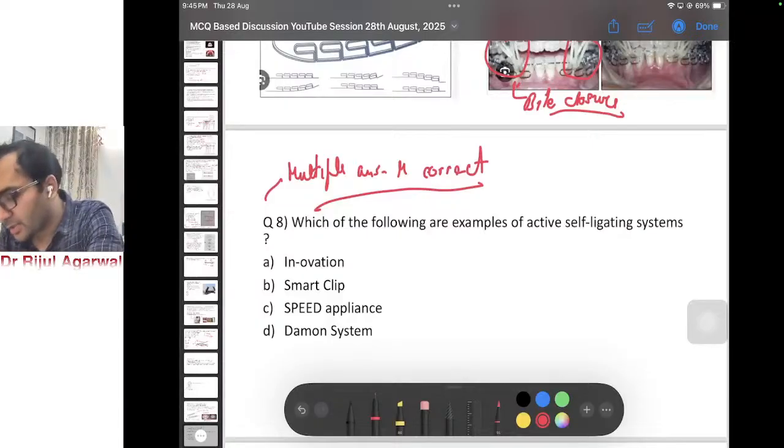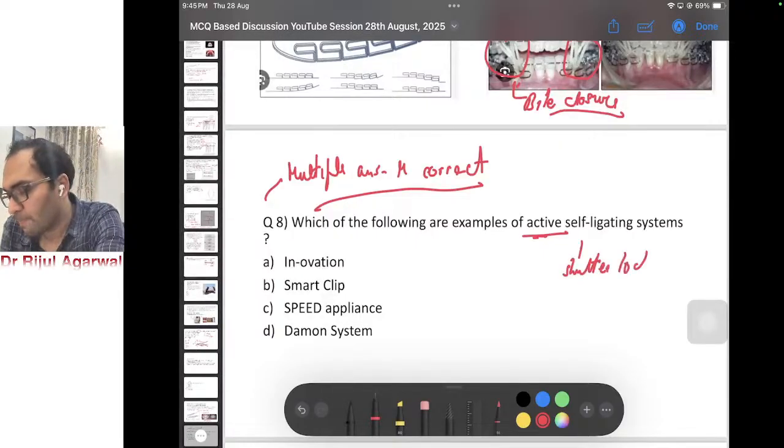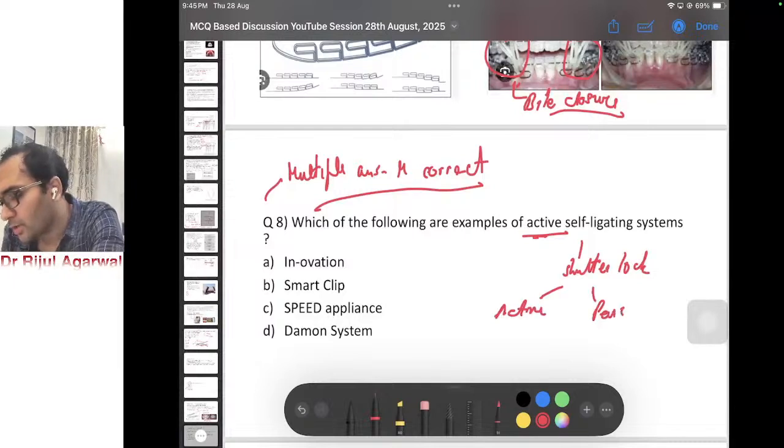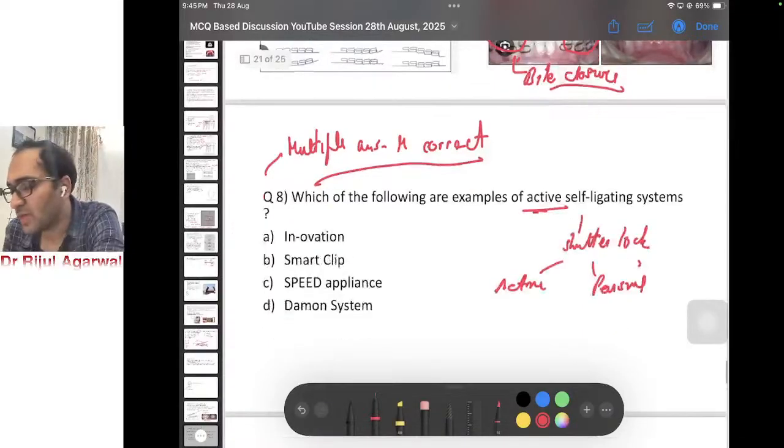Active self-ligating system. So you all know what is a self-ligating system. A bracket with a shutter lock system. You don't need to ligate or place a module for this archwire. So if the shutter lock is exerting active force on the wire, it is known as active self-ligating, and if the wire is passively held inside it, it is known as passive self-ligating.